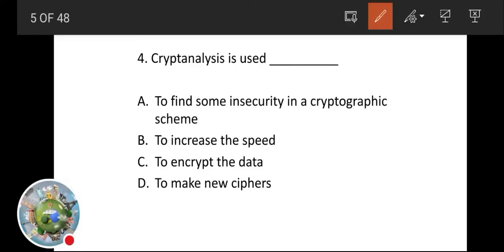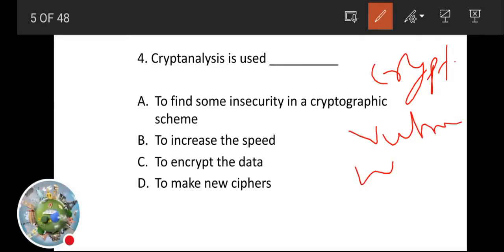Cryptanalysis. So in cryptanalysis, you have to understand the cryptography. Once understood, you are going to find vulnerabilities or weaknesses.